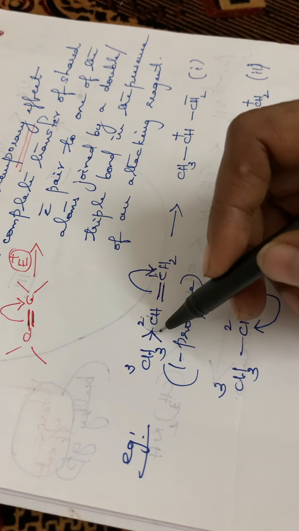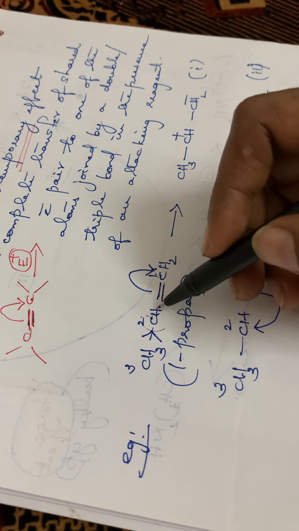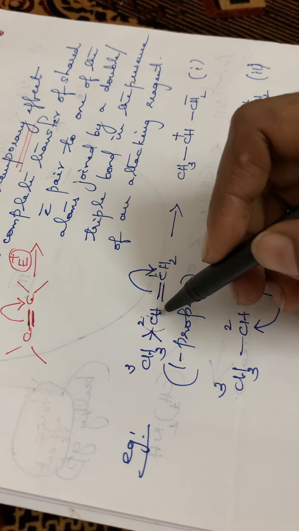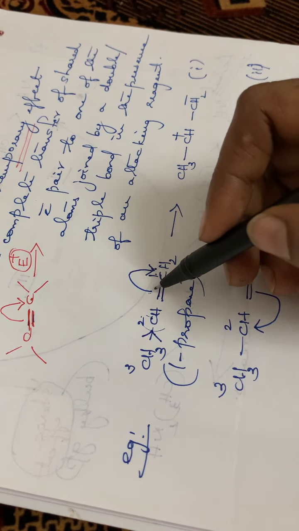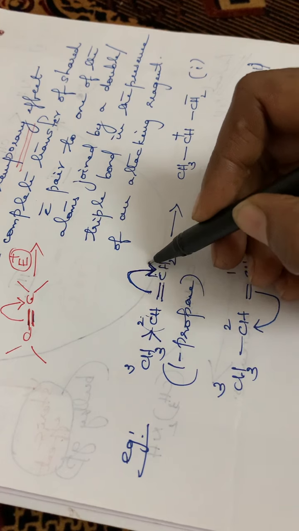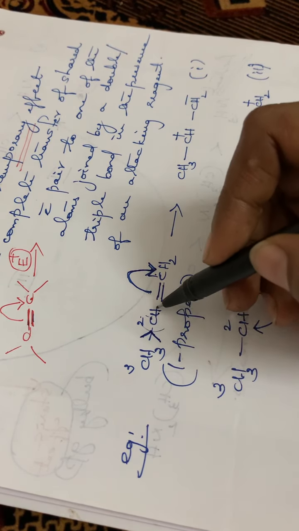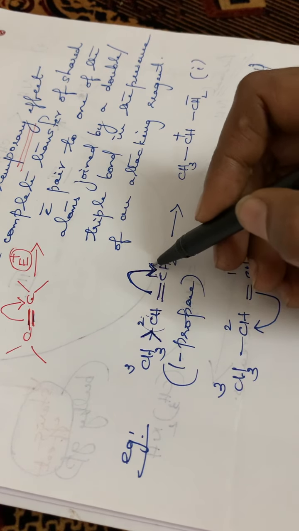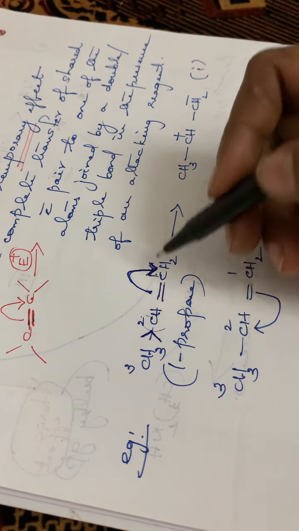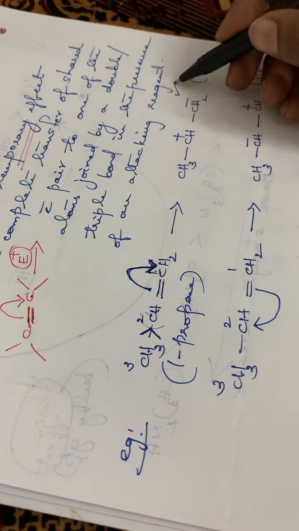The displacement of pi electrons will be away from the electron releasing group. Here the electron pull is towards this carbon atom, so the inductive effect takes place in a simultaneous pattern. So that is the first case.